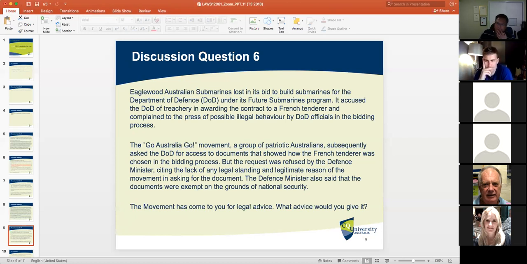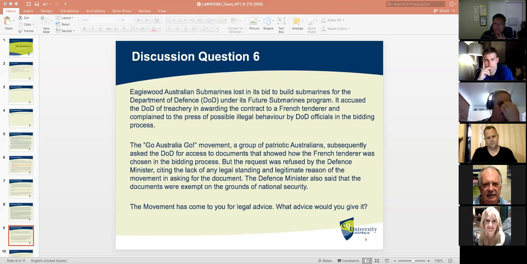Eaglewood Australian Submarines lost in its bid to build submarines for the Department of Defence under its Future Submarines programme. It accused the Department of Defence of treachery in awarding the contract to a French tenderer and complained to the press of possible illegal behaviour by Department of Defence officials in the bidding process.